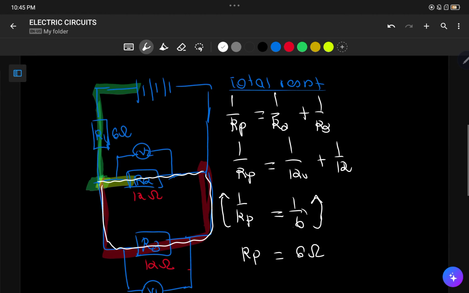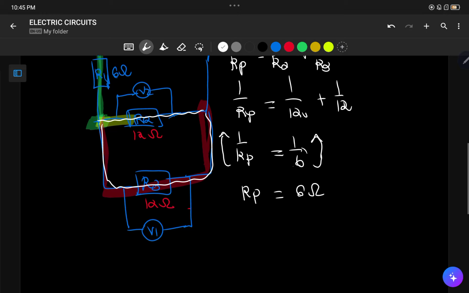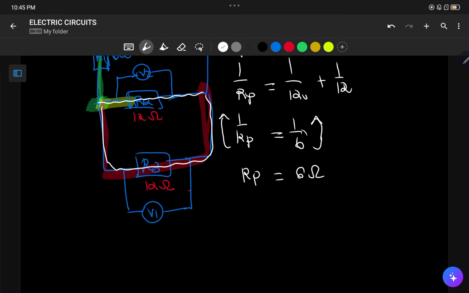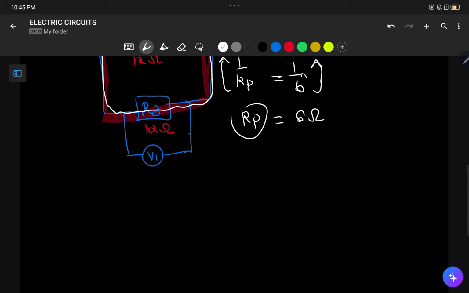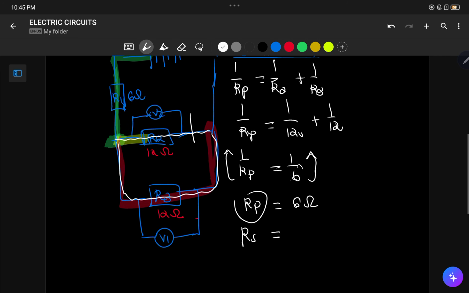And then, because you're looking for total resistance, you're not only concerned with R parallel, but you also have R in series, which is R1. So the R that is in series would be 6 ohms as well. R series is this one, R1, because it's the only one in series.